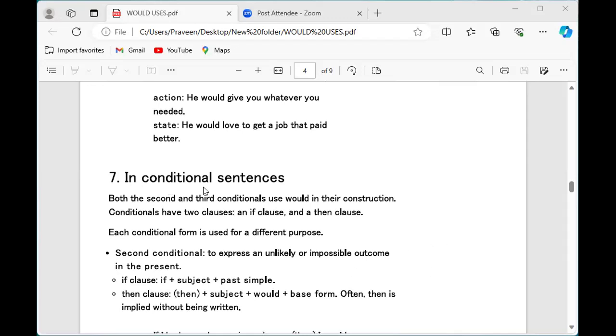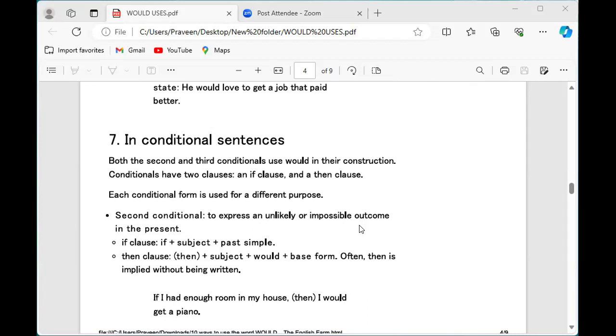Next, in conditional sentences, both the second and third conditionals use would in their construction. Conditionals have two clauses, an if clause and a then clause. Each conditional form is used for a different purpose. The second conditional expresses an unlikely or impossible outcome in the present.